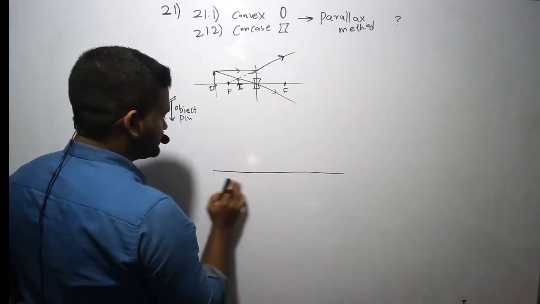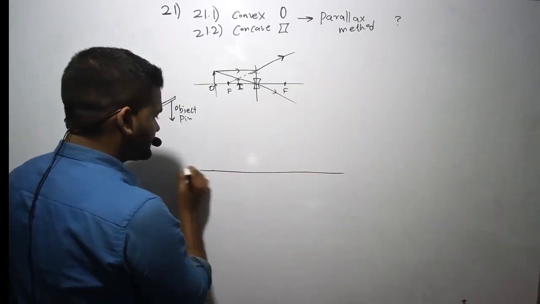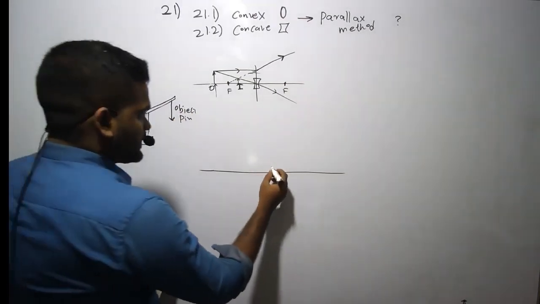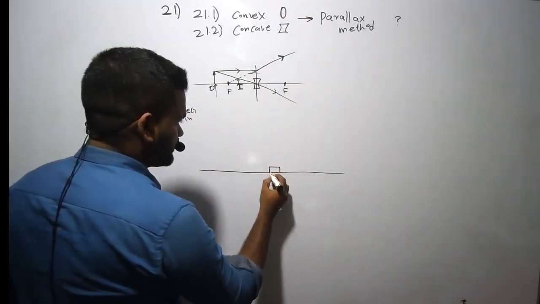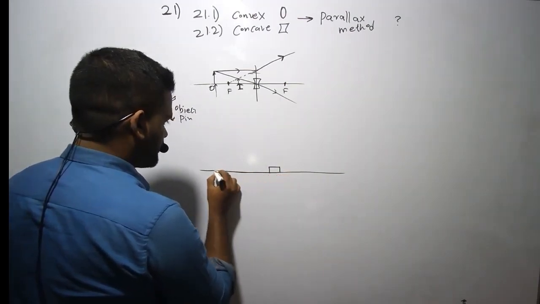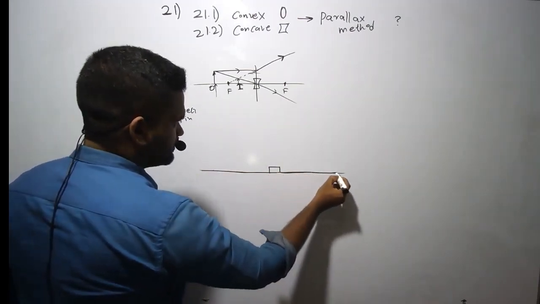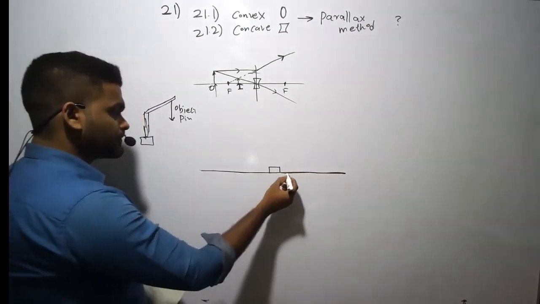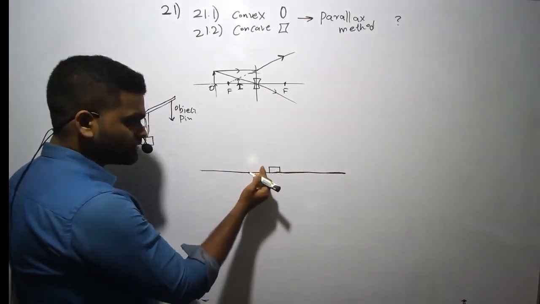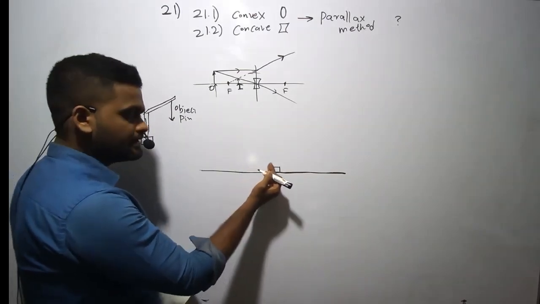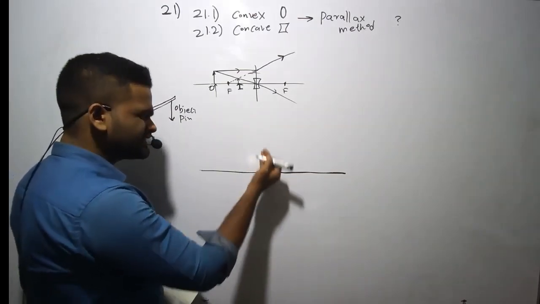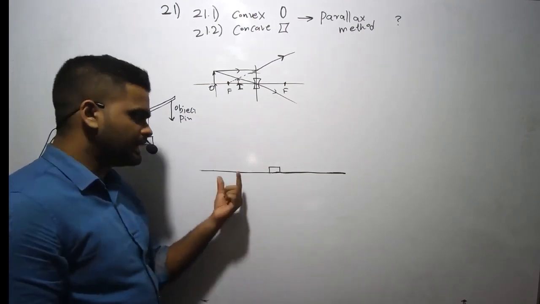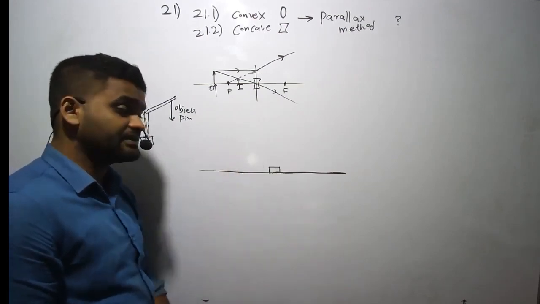You will understand why that is once I draw the experimental setup. Since we know that the images are going to form only between the focus and the lens, actually, we don't need to find the focal length approximately as well, unlike in the previous one.